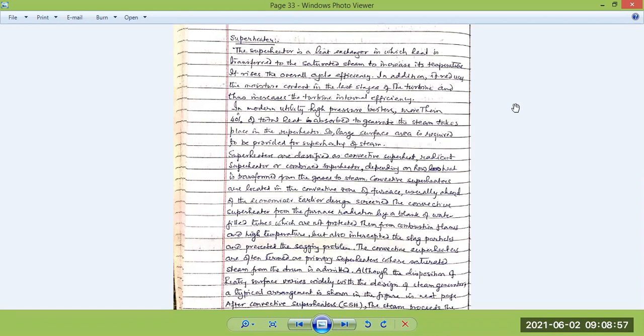Now, in modern high pressure boilers, more than 40% of the total heat absorbed to generate the steam takes place in the superheater. So a large surface area is required to be provided for the steam.